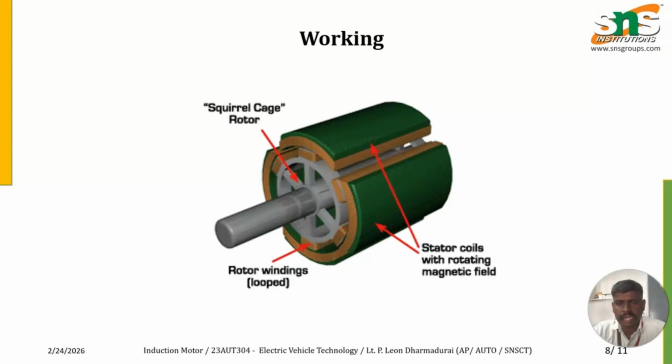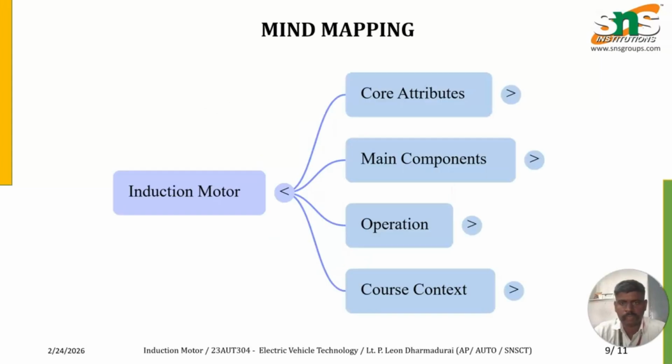When the stator is energized with electric current, due to electromagnetic induction the rotor rotates, and by that the electrical energy given as input to this motor is converted into mechanical energy, and the same is taken as output for our applications. So we know this induction motor can be used in heavy load applications. It is more reliable, and it can be used in heavy load applications.